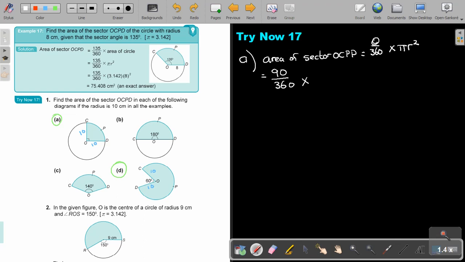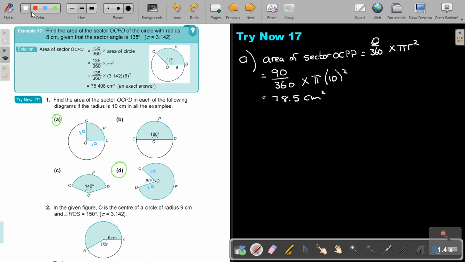So it will be this multiplied by pi multiplied by r, which is 10 squared. And if I press that on my calculator, I will get an answer of 78.5 centimeter squared. Just want to check it quickly: 90 over 360 multiplied by pi multiplied by 10 multiplied by 10, and that's 78.5.